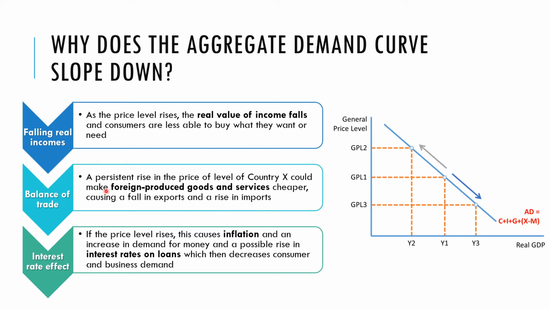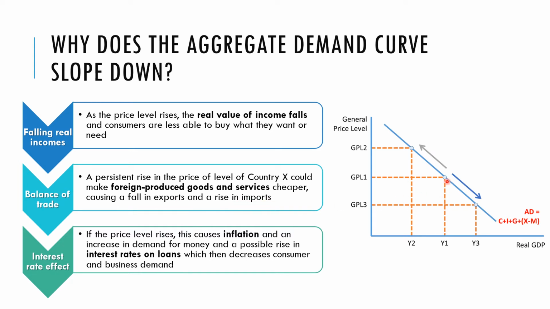The second reason is that if the price level is rising in a particular country, it could make foreign produced goods and services appear cheaper and domestically produced goods appear more expensive. So we'd expect to see a fall in exports from that country and a rise in imports.